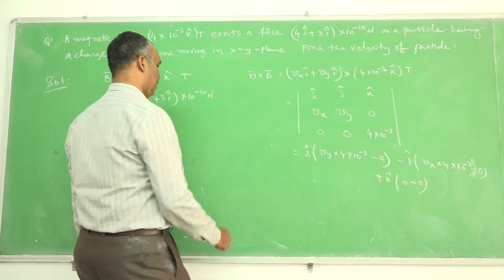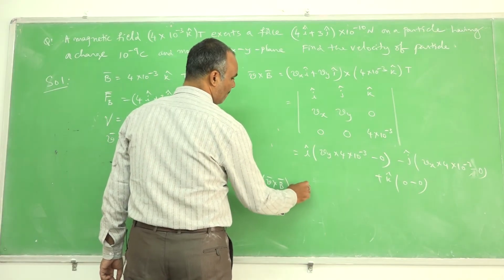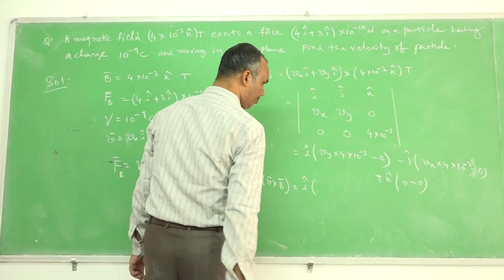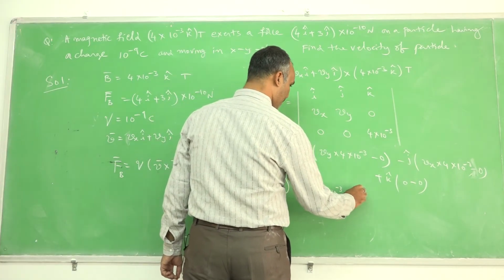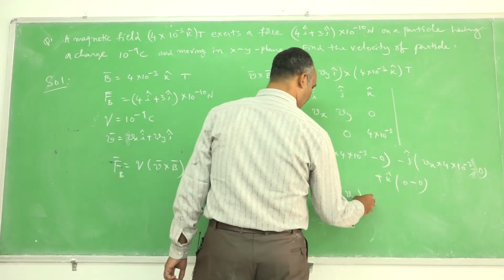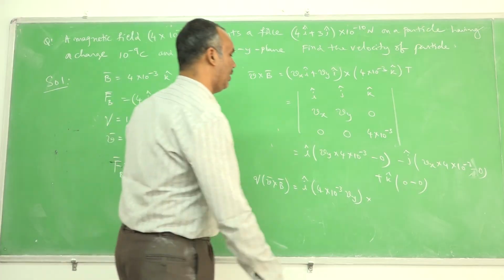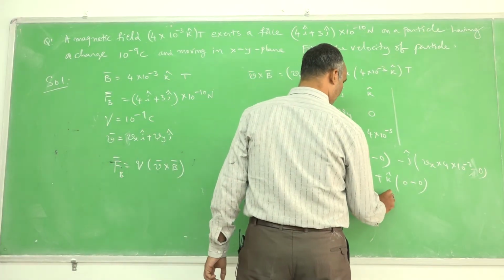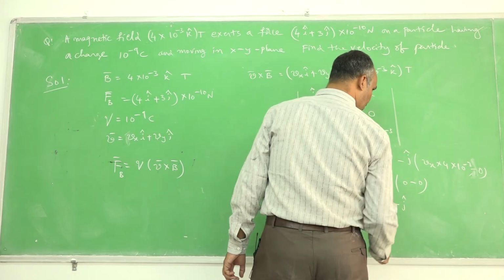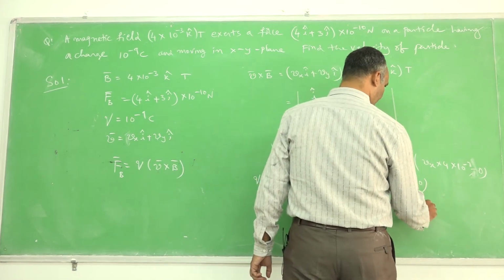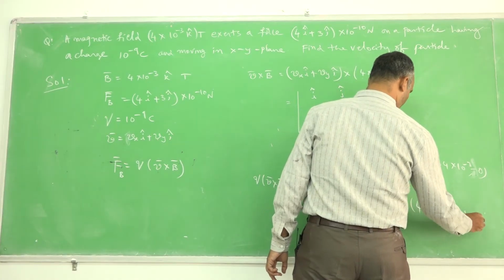You want Q into V bar cross B bar, that is i cap into 4 into 10 power minus 3 Vy into Q value they gave as 10 power minus 9. Similarly, minus j into 4 into 10 power minus 3 into Vx into 10 power minus 9.